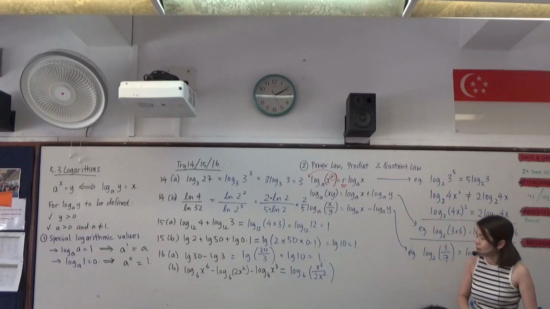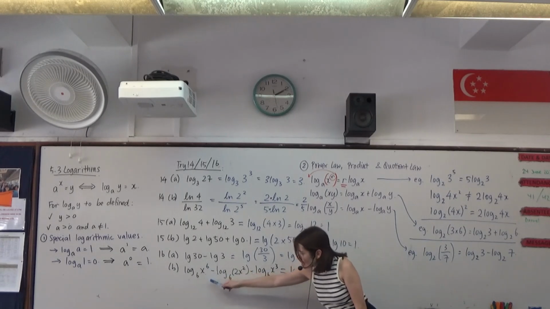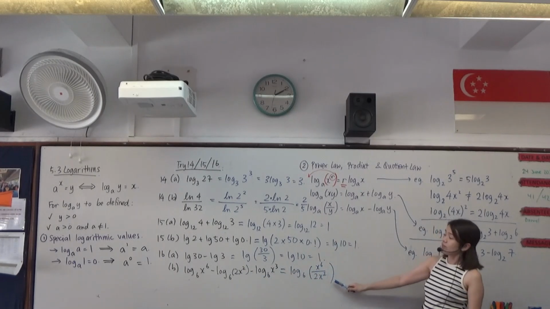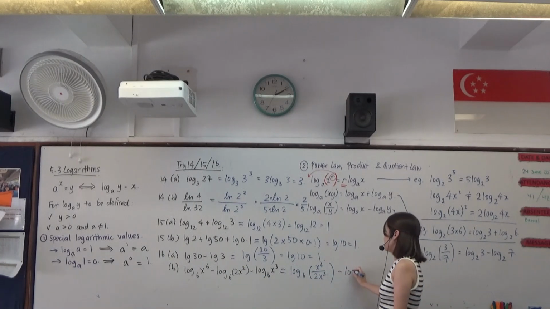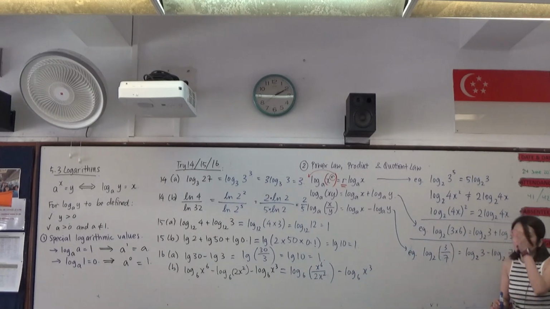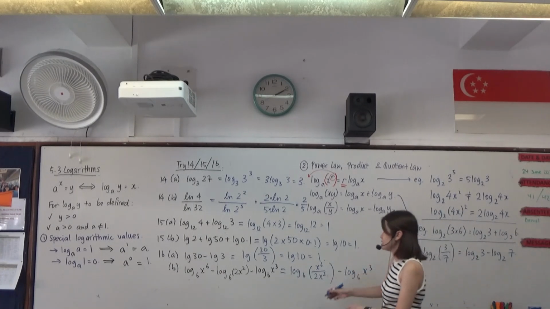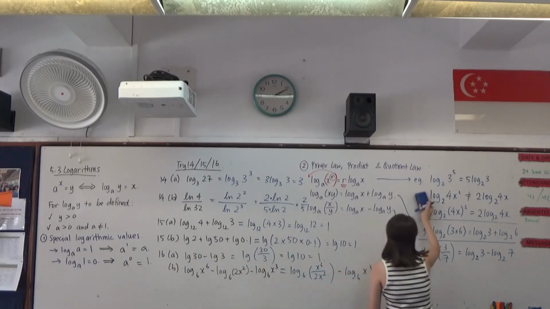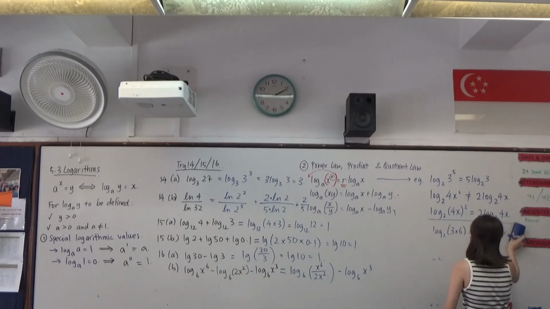So I'll have my log x power 6 base 6 minus log 2x squared base 6 transform into this first, putting my log x cubed base 6 on the outside, and maybe simplify first before I continue to divide. So let me continue here.